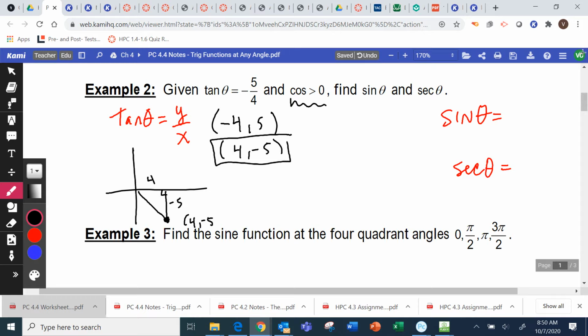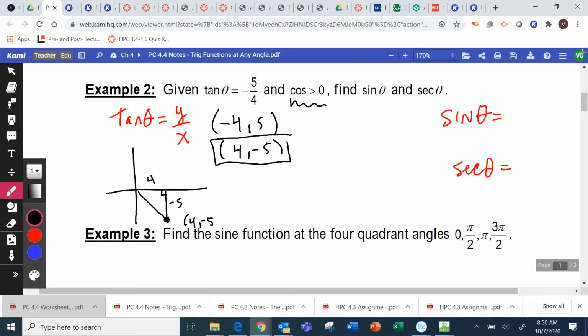Is this on the unit circle? Is the radius 1? No. Is the radius 3? No. Why is the radius not 3? It has to be the longest side.